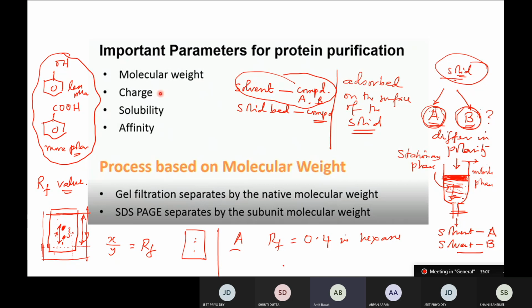Okay, so if you are using hexane and you see that the RF of a compound is 0.4 in hexane, then if I use, suppose, methanol now as the mobile phase, what will be the RF? RF will be greater than 0.4, or less than 0.4? Who can answer this?